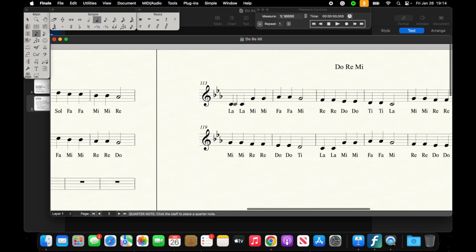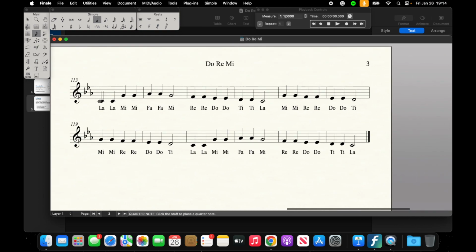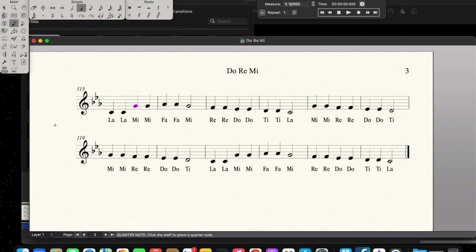Okay, over here I don't have to. If I go, okay, if I sing this with the numbers, I had to re-record this because I messed it up. So let's go back here.